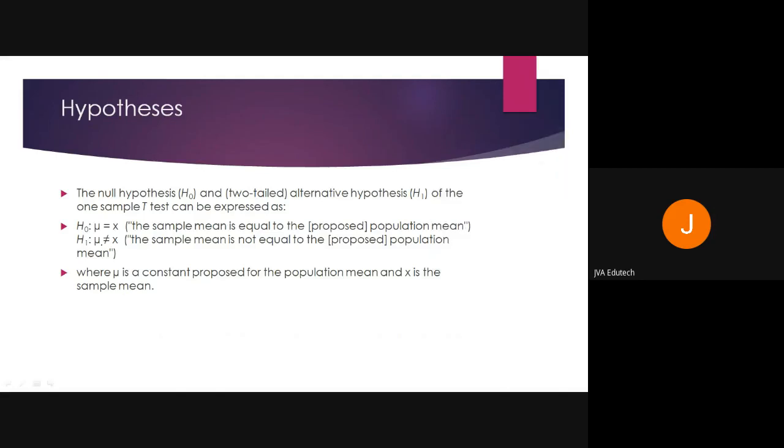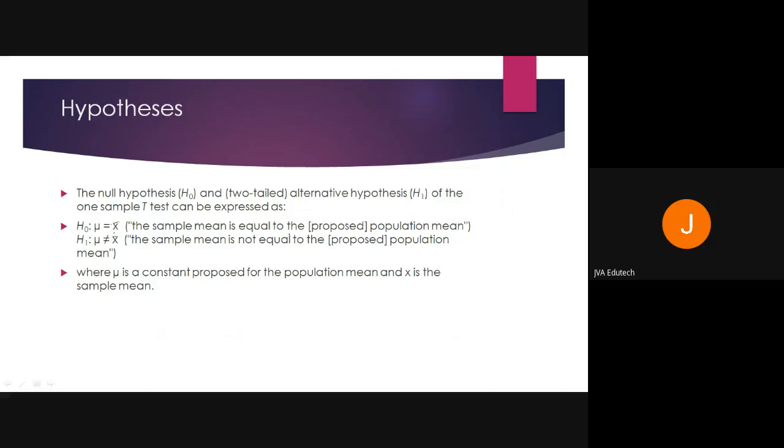This should be x bar. Where x bar is your sample mean and mu is your population mean.